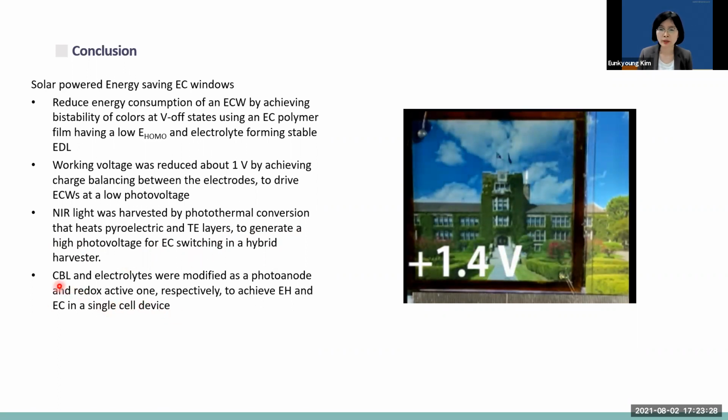The charge balancing layer at the counter electrode and also the electrolyte were modified as photoanode and redox active one, respectively, to achieve energy harvesting and electrochromism in a single cell device. So up to now, we have about 10-inch size windows. So our future work will concentrate on the scalability of this window.